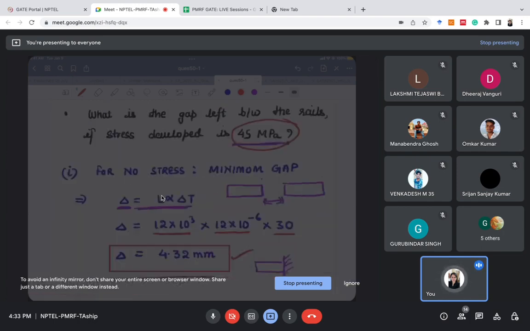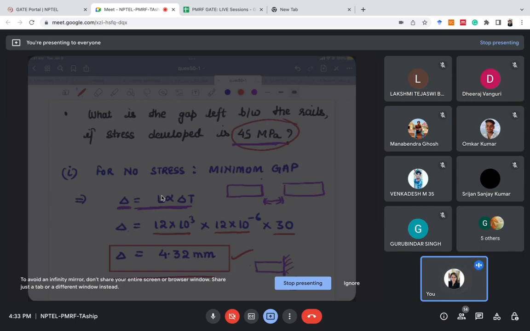If the gap is more than 4.32 mm, then no stress will generate. But the lesser the gap, the more the stress. If there is no gap, the stress will be maximum. If the gap is 1 mm, the stress will be lesser.